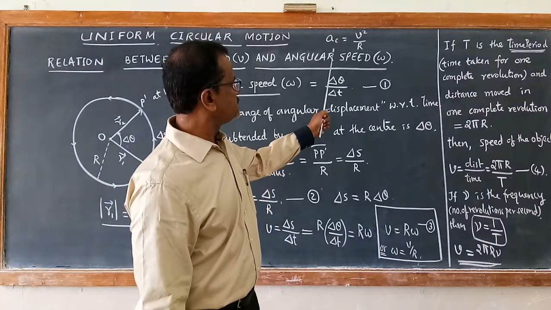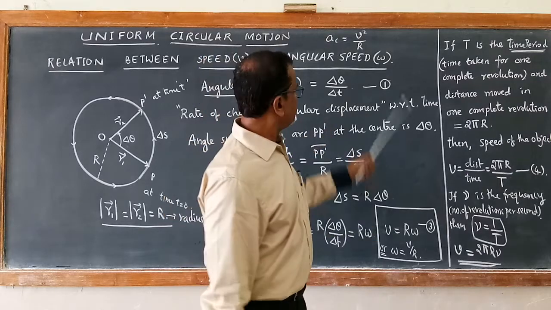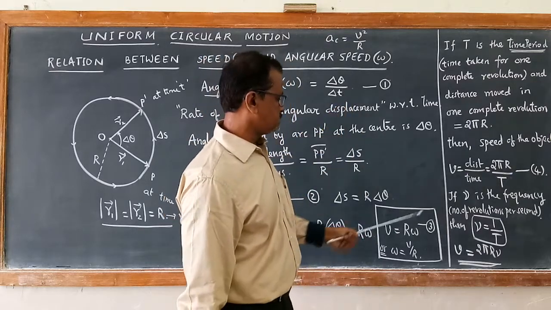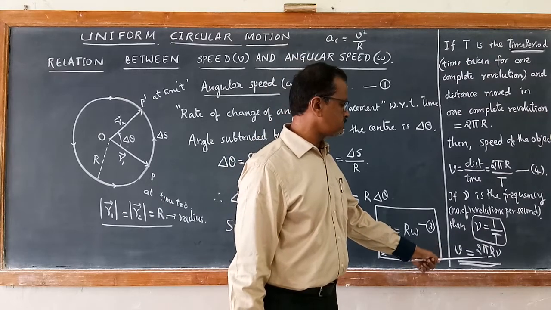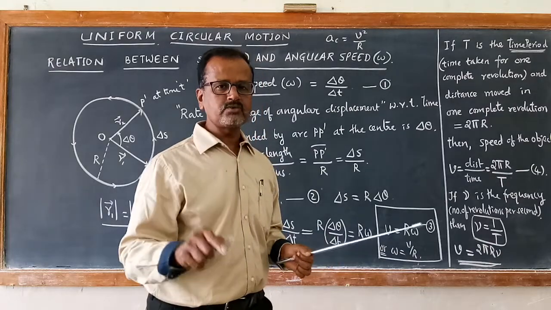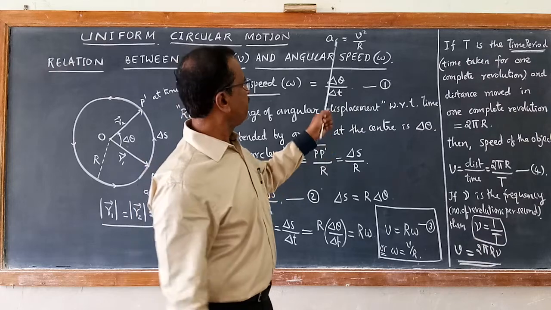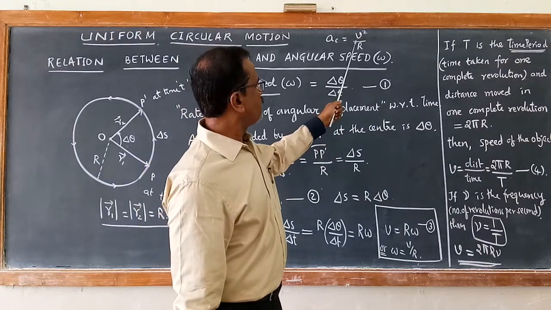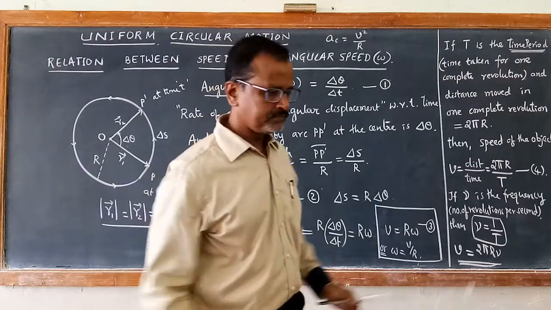Once you substitute this in the equation of centripetal acceleration, you see it is v square by r. Thus it becomes 4 pi square r square nu square by r. So that becomes 4 pi square nu square r. One r cancels.